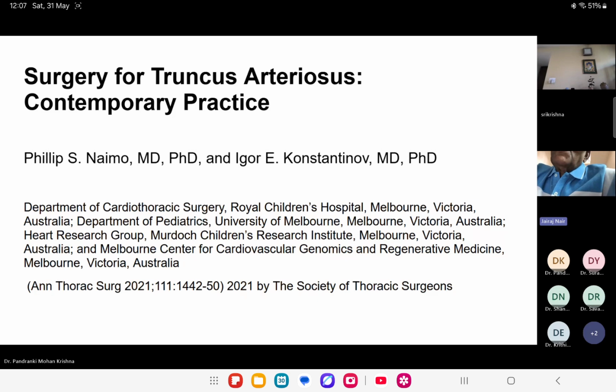That's why they call it CATCH-22 syndrome. They have hypocalcemia, thymic hypoplasia, and cleft palate.